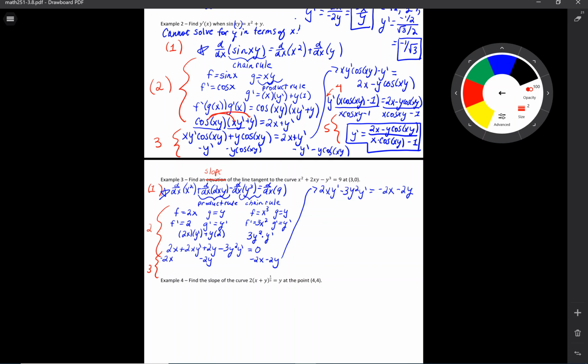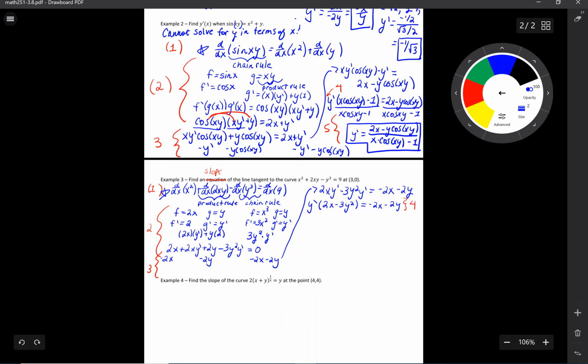And now I'm going to factor out a y prime from everything that I can. So when I factor out a y prime on this left side, I get 2x minus 3y squared equals negative 2x minus 2y. This is step number 4.